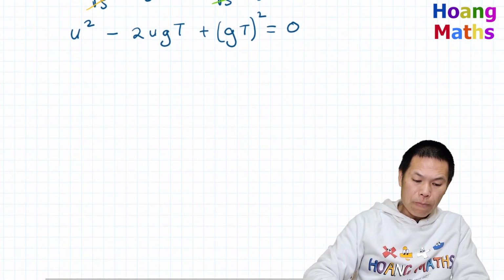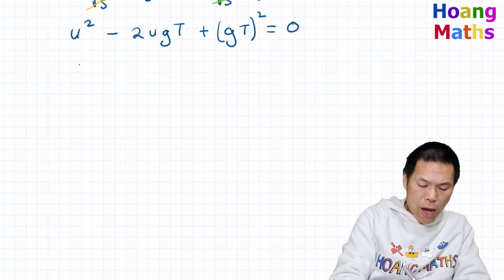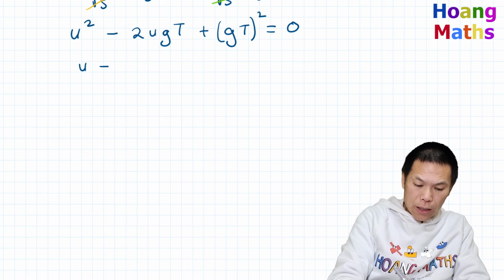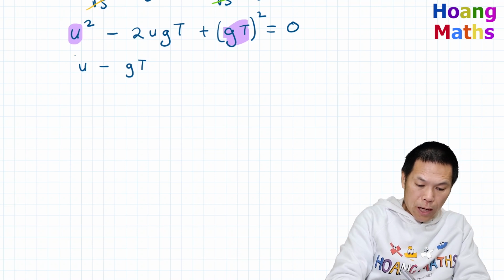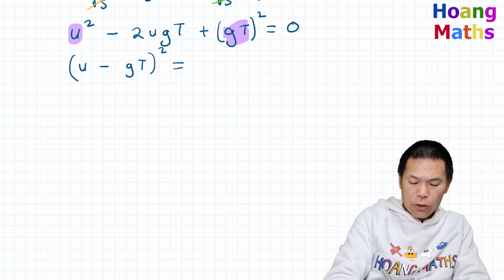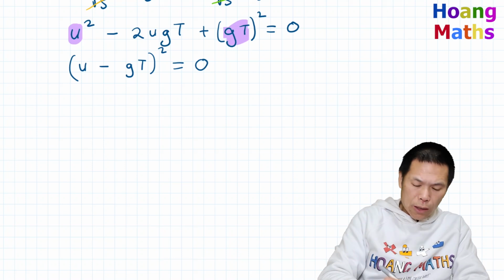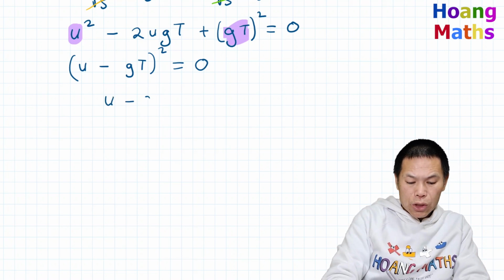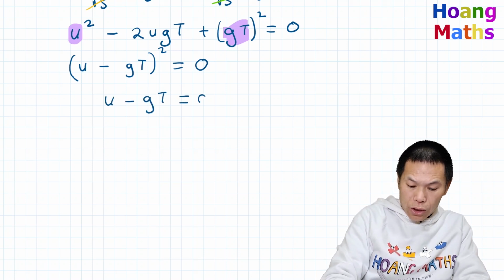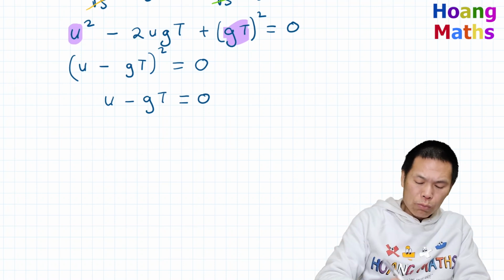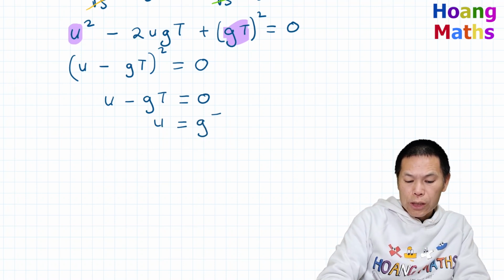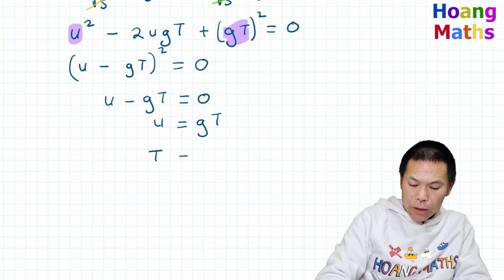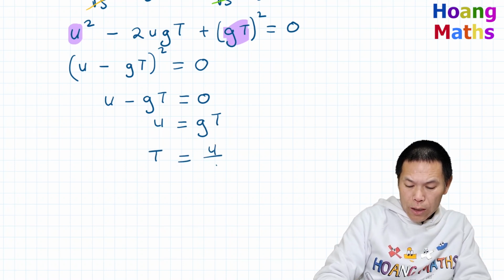So that will give me u minus gT, because this is a and this is b, and this is squared, equal to 0. To solve for this, this means that u minus gT is equal to 0. And now we just move this to that side. So that is u equals gT, and T must be equal to u over g.